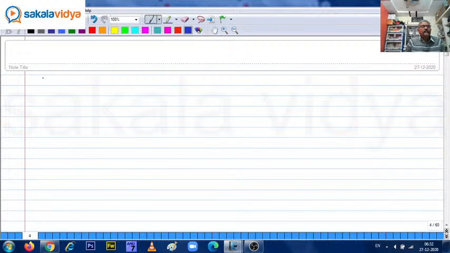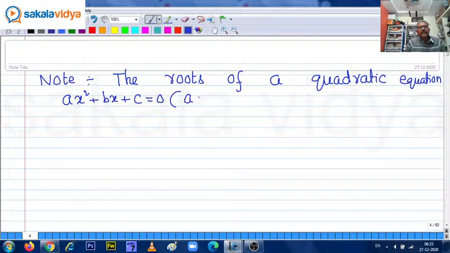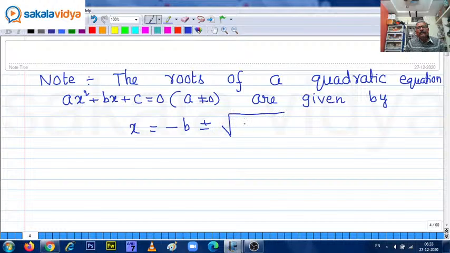So now, note: the roots of a quadratic equation ax square plus bx plus c equals to 0, a does not equal to 0, are given by x equals to minus b plus or minus root of b square minus 4ac upon 2a.